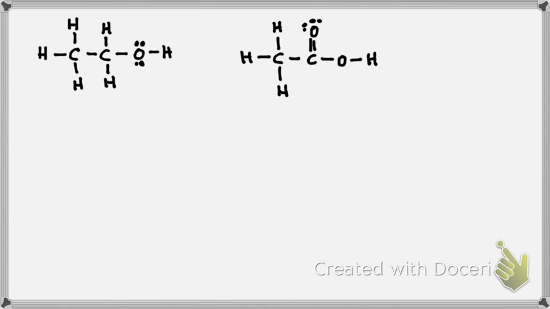Okay, and the left one's ethanol, drinking alcohol. This one, do we know what this is? It's acetic acid. It's what alcohol turns into when it gets oxidized. When wine goes bad and gets that sour taste, it's actually vinegar.